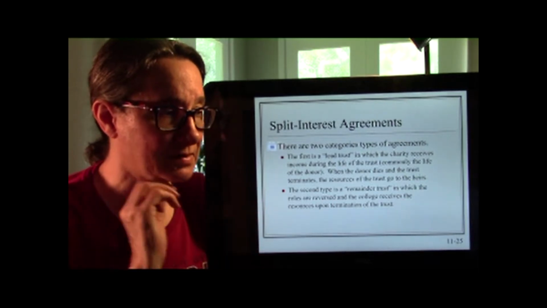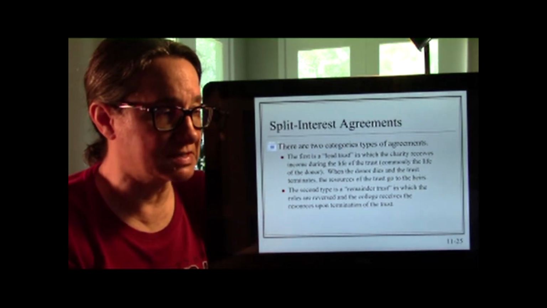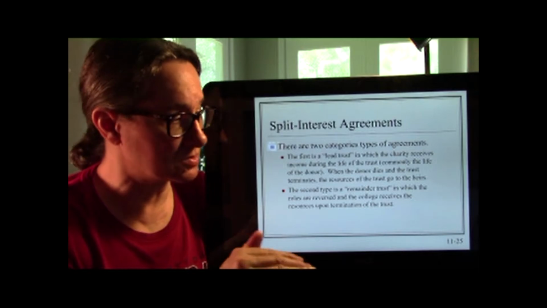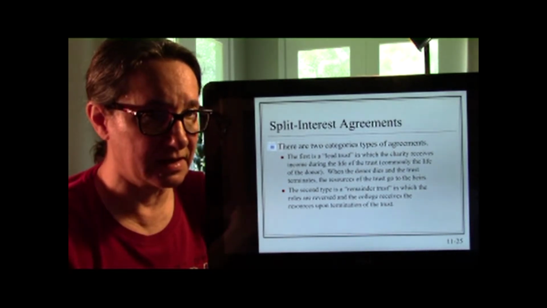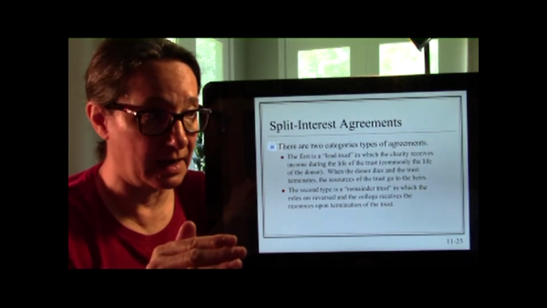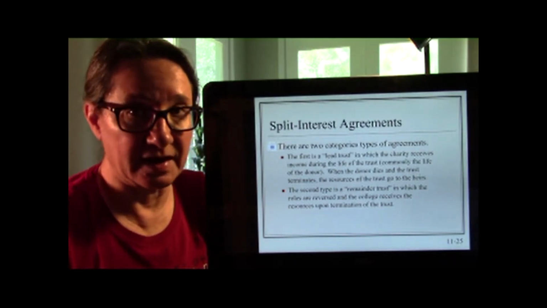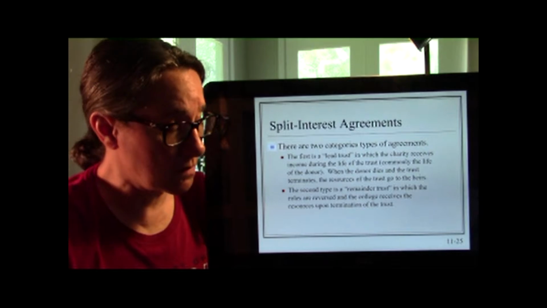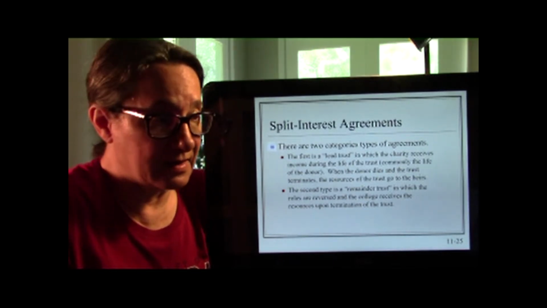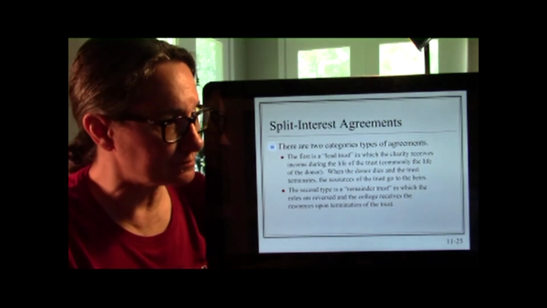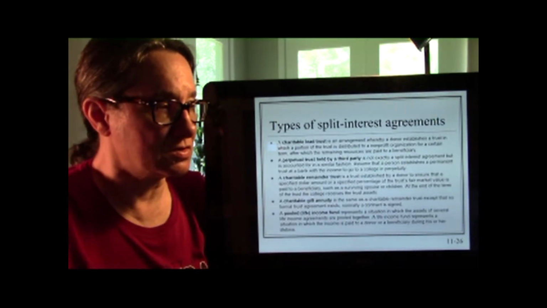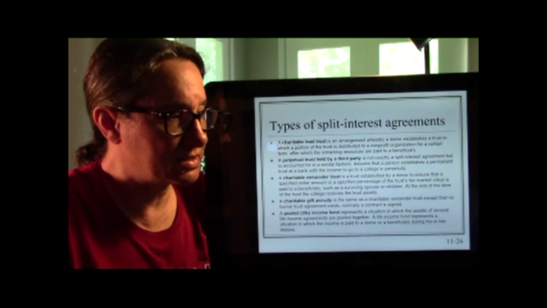The second type is a remainder trust. The university receives the resources upon termination of the trust. So with lead, we get it first, then somebody dies, and it goes to the children. Or with remainder, we don't get anything until the person dies. Okay, so there are these different agreements, and we'll talk about each of them.